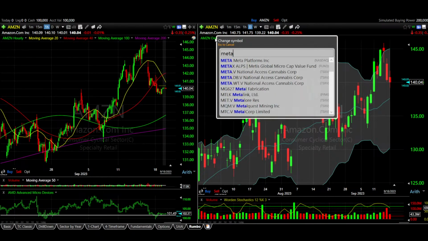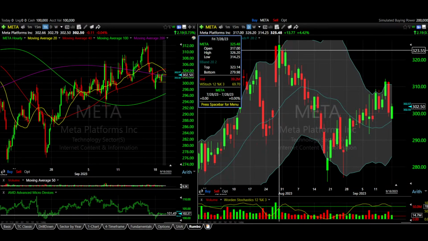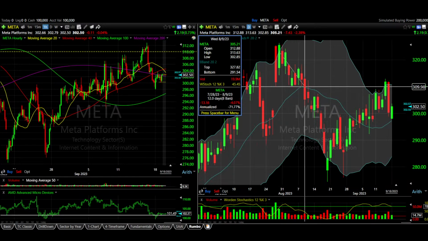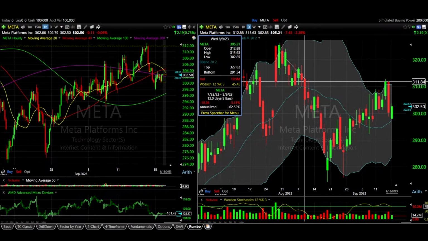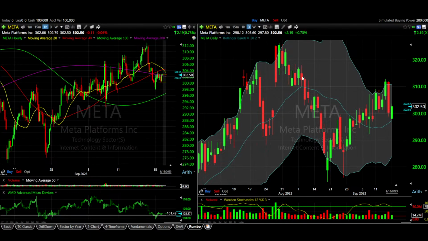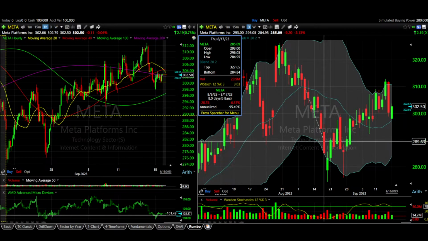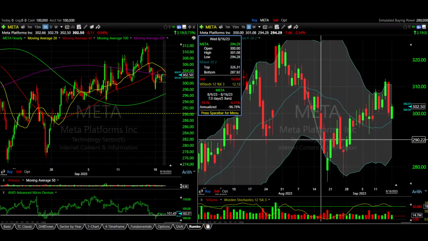Meta, though, it's a full-on, and as you can see, phase 1, it goes from $323 to $309. A 13-point put. And then as you can see, it goes from $309 to $289.